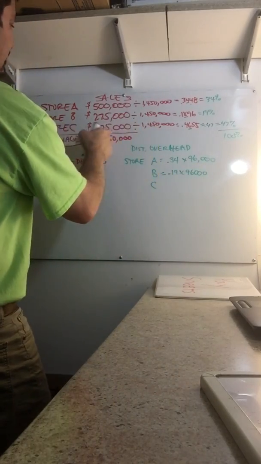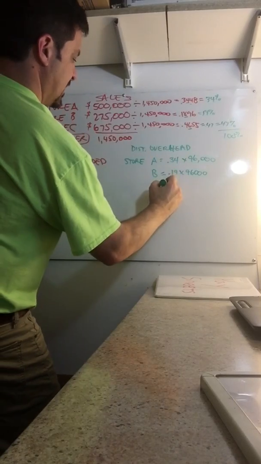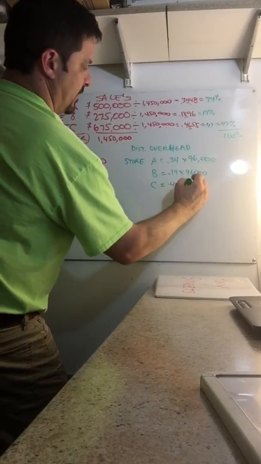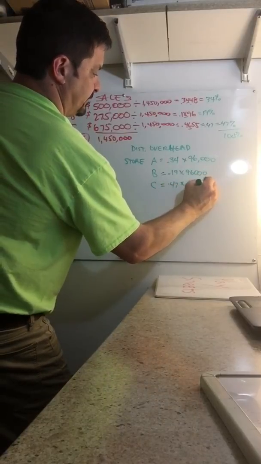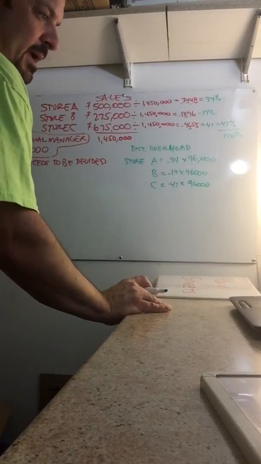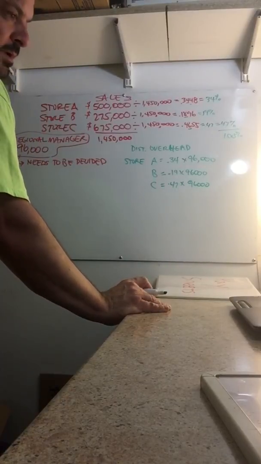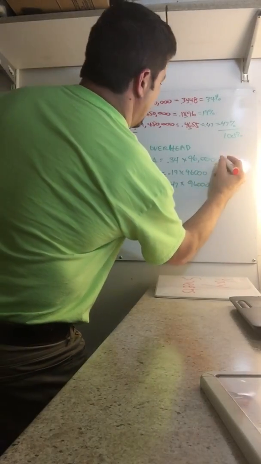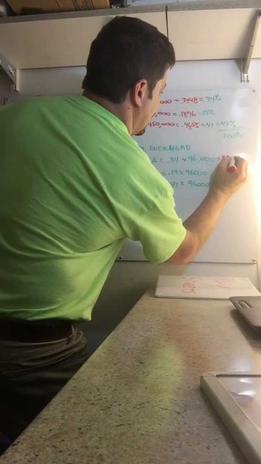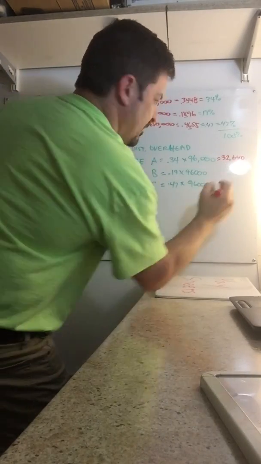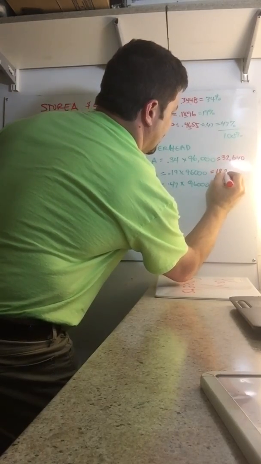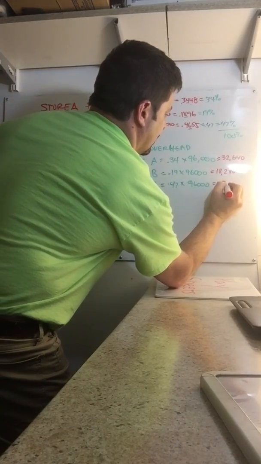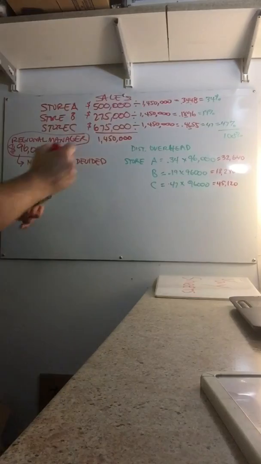And Store C is 47%, and we know that's 0.47. It's a little easier to get it into your calculator that way, times 96,000. And when we do that, we end up with these figures.